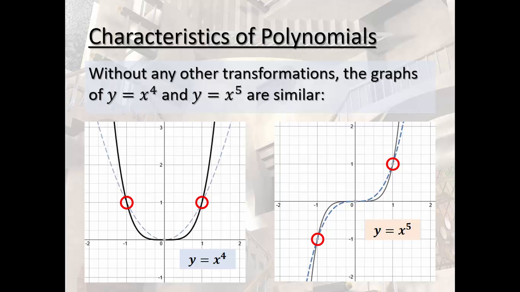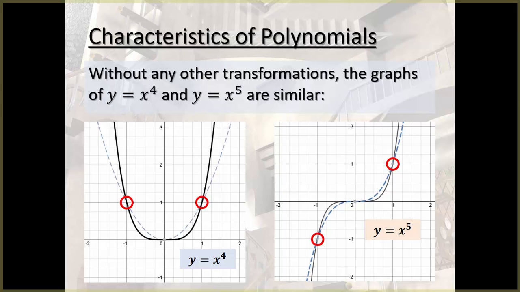The only difference is that they're flatter on the bottom or flatter in the middle. The dotted line represents x squared. This is steeper in this area, but it flattens out a lot more than the x squared graph.